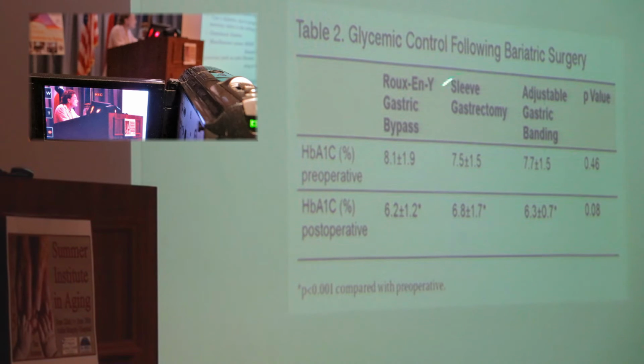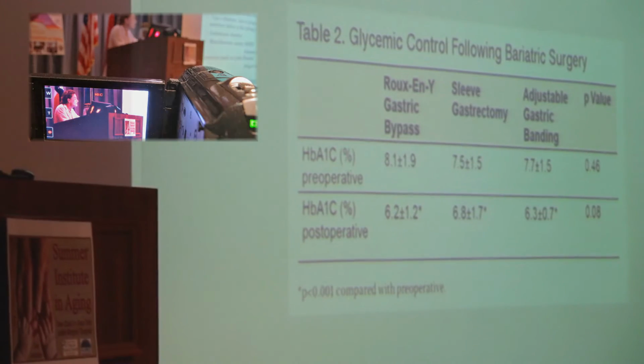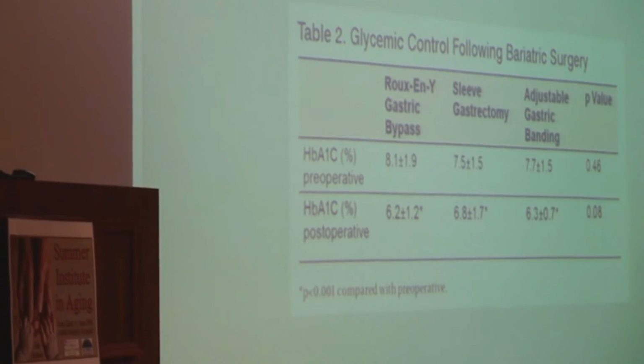And with a sleeve gastrectomy, where the surgeon removes up to 75% of the stomach, the A1C approaches normal in this particular study. And pretty good results also with the adjustable gastric band, which usually will give you the least in terms of weight loss. So it really works. So if you have a patient who's morbidly obese and their diabetes is poorly controlled, it really is being used quite widely as a treatment, and it saves their life.